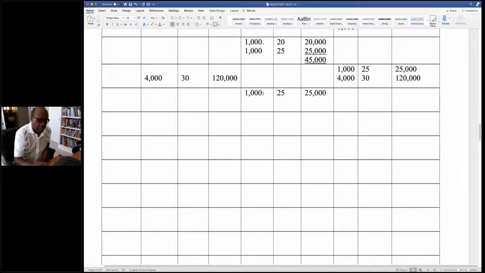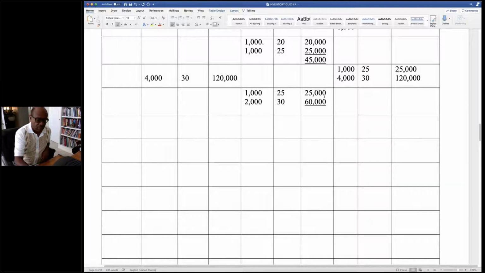And we sold another 2,000 at $30 each for $60,000. So our total was how much? 85.